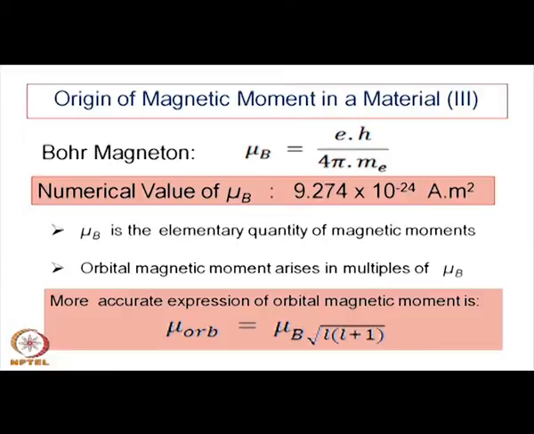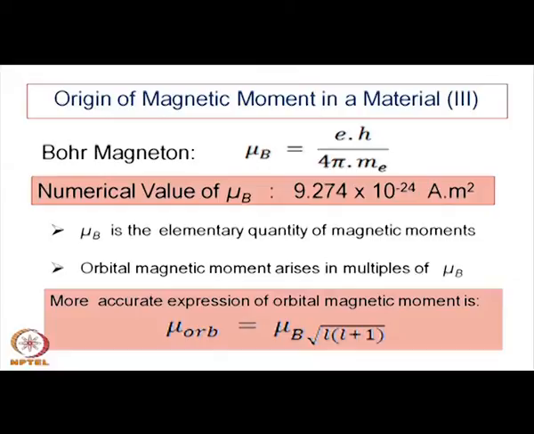Orbital magnetic moment arises in multiples of mu b that I have just mentioned. A more accurate expression of orbital magnetic moment is, however, not just L; without going into the details, more precisely one can write the orbital magnetic moment as mu b root over L into (L plus 1).